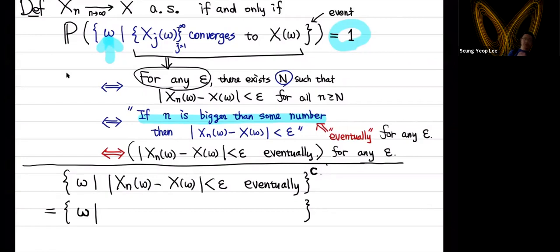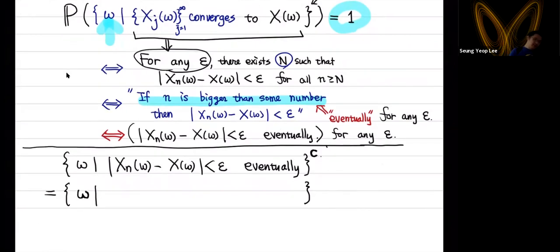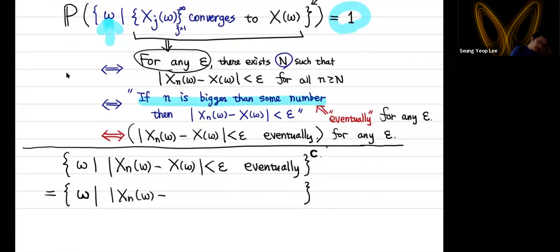So I want to find the complement of this statement. How can we say something is not smaller than epsilon eventually? Xn of omega minus X of omega has to be bigger than or equal to epsilon infinitely many times. It never ends. This thing has to happen.